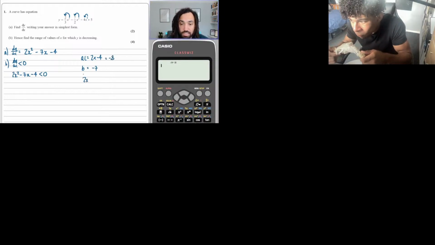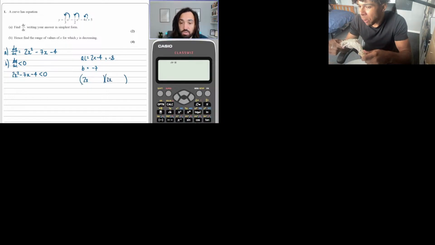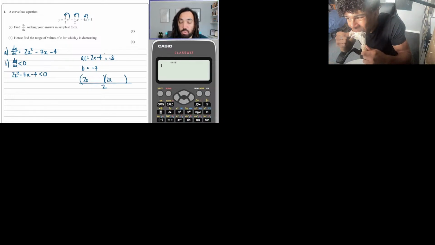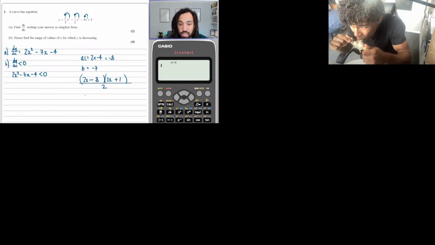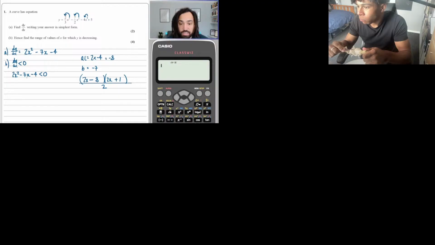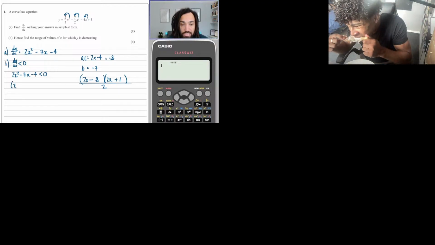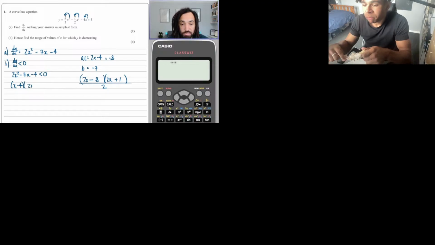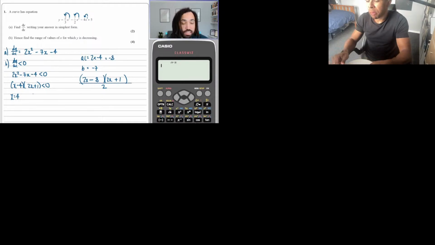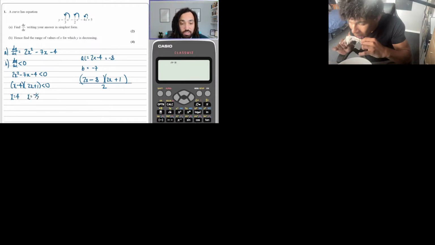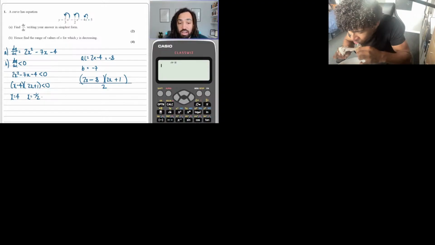Okay, so we write 2x all over 2, like so, and we then find two numbers that times to make -8 and add to make -7. So we get this. And the left bracket here can be divided through by the 2 on the bottom, so we get x minus 4, and we get 2x plus 1, and all of that is less than 0. So we then find the critical values for when the quadratic equals 0. In this case, x is 4, comes out of this bracket here, and over here, x equals -1/2, comes out of this bracket here.